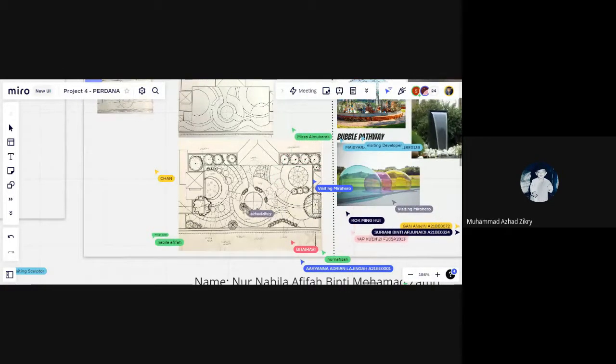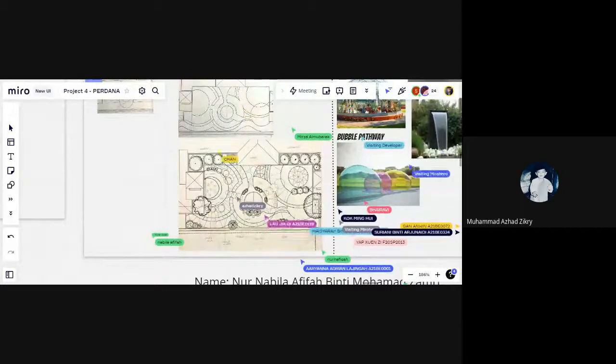The pathway is soundproof, and when the students almost reach this open area, this middle area not connected, they begin to hear the sound of a waterfall from the pond.